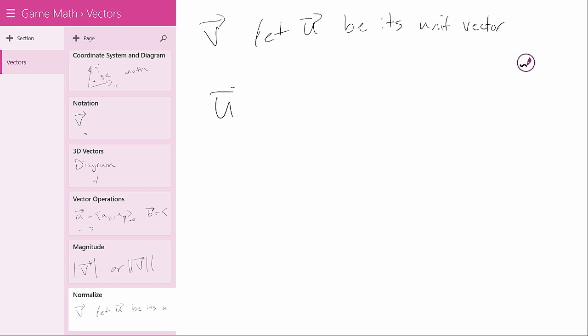So u is equal to 1 divided by the magnitude of v times v, and that equals v divided by its magnitude or its length.